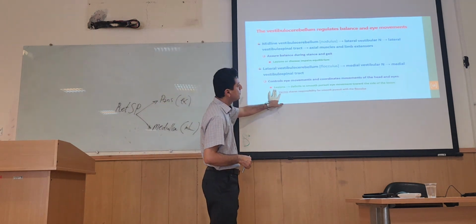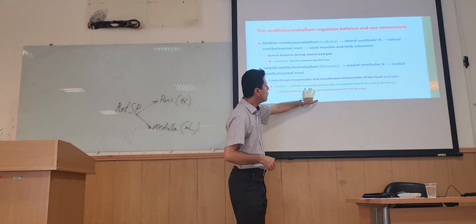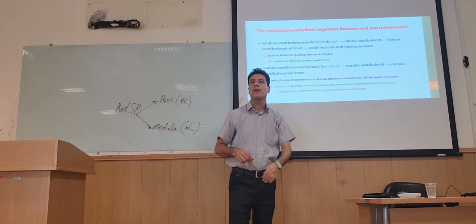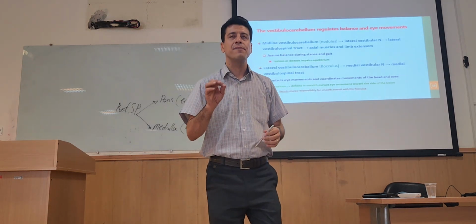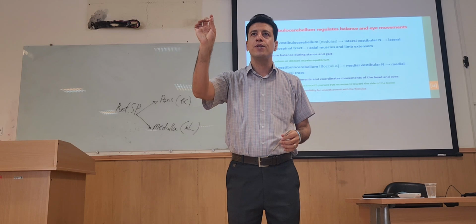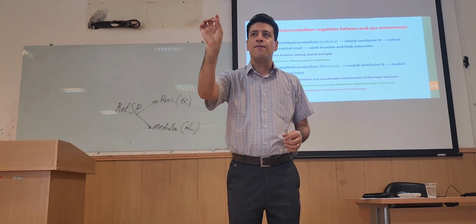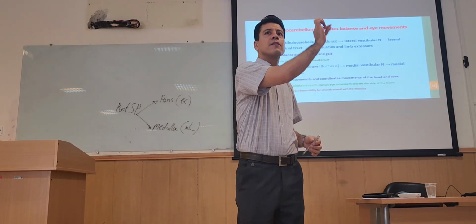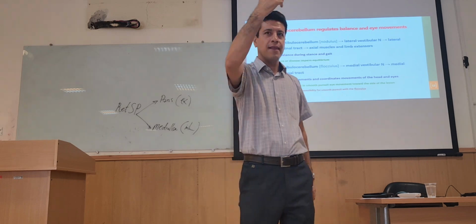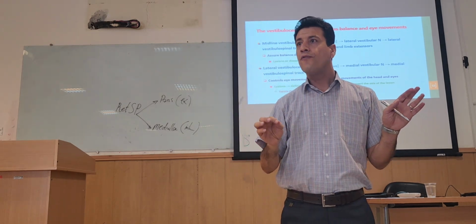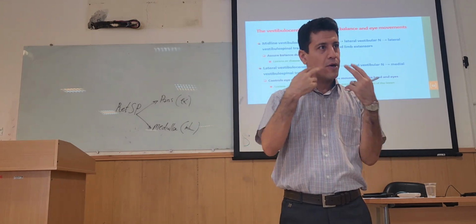Okay? So lateral vestibular cerebellum. Lesions here cause deficits in smooth pursuit eye movements. Smooth pursuit eye movements. Imagine that you are looking at a fly that is actually flying in the air. So you follow the insect by your eyes.